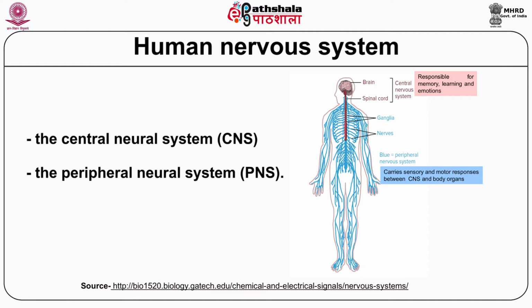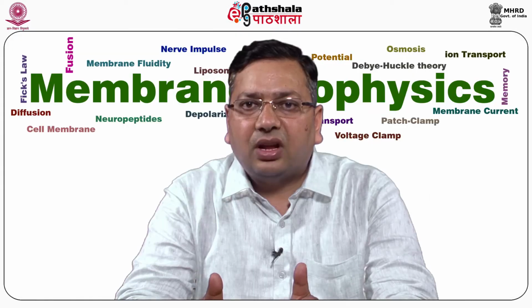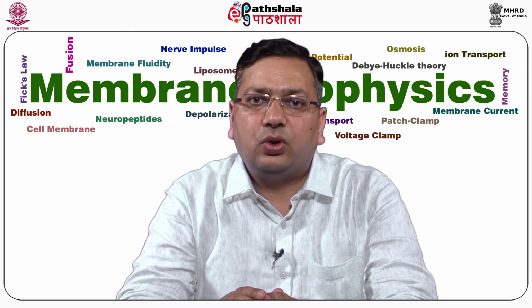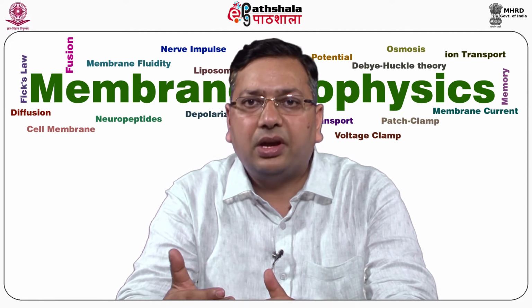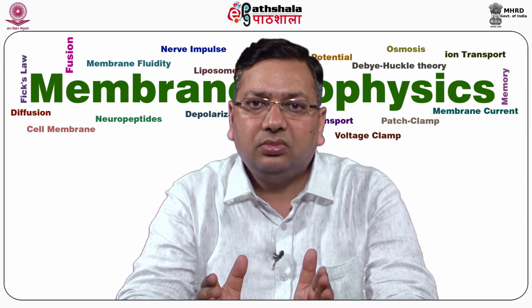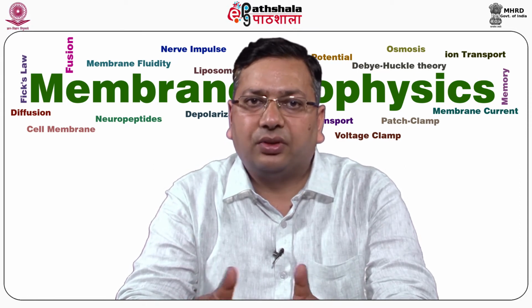In the figure, the pink color shows the central nervous system, consisting of brain and spinal cord, while the peripheral nervous system is made up of ganglia and nerves, which are connected to each other as well as to the brain and spinal cord. The blue color in the figure shows the peripheral nervous system.